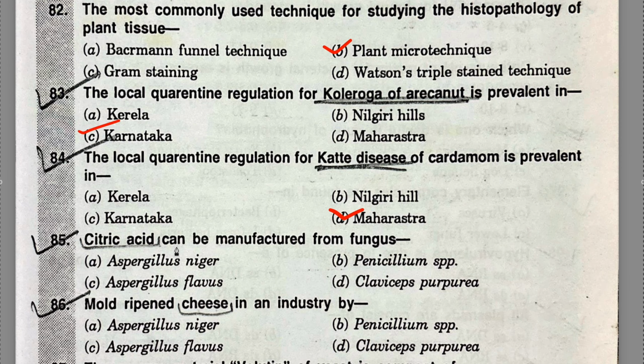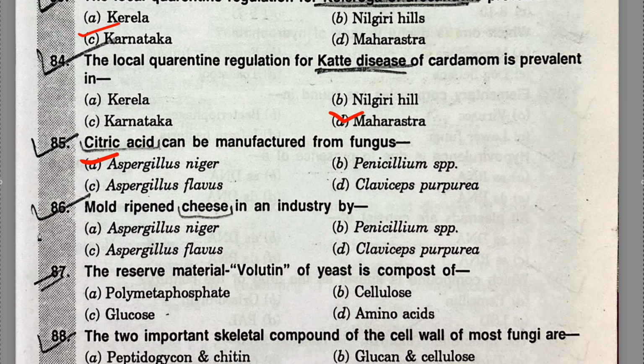Moving forward with question number 85. The citric acid can be manufactured from fungus Aspergillus niger, Penicillium species, Aspergillus flavus, or Claviceps purpurea. Answer is Aspergillus niger. 86.